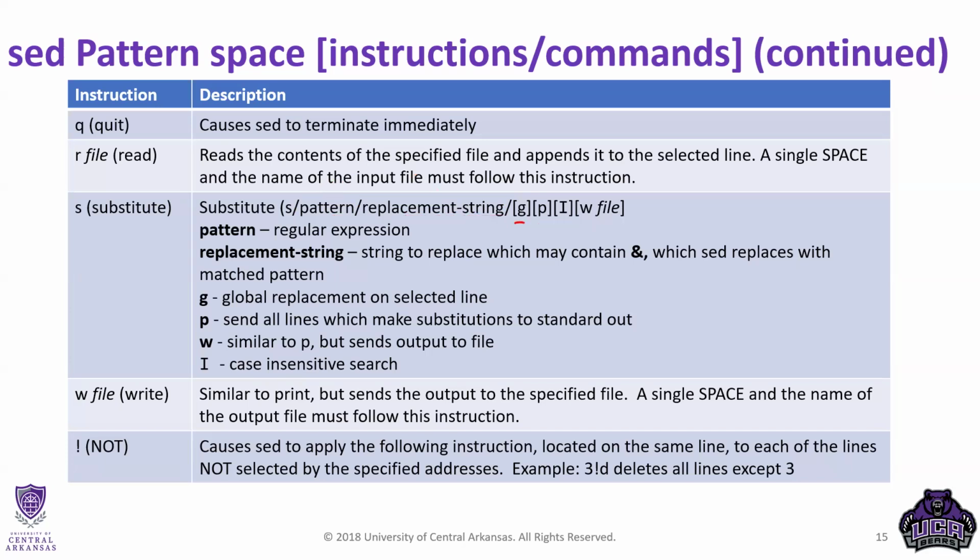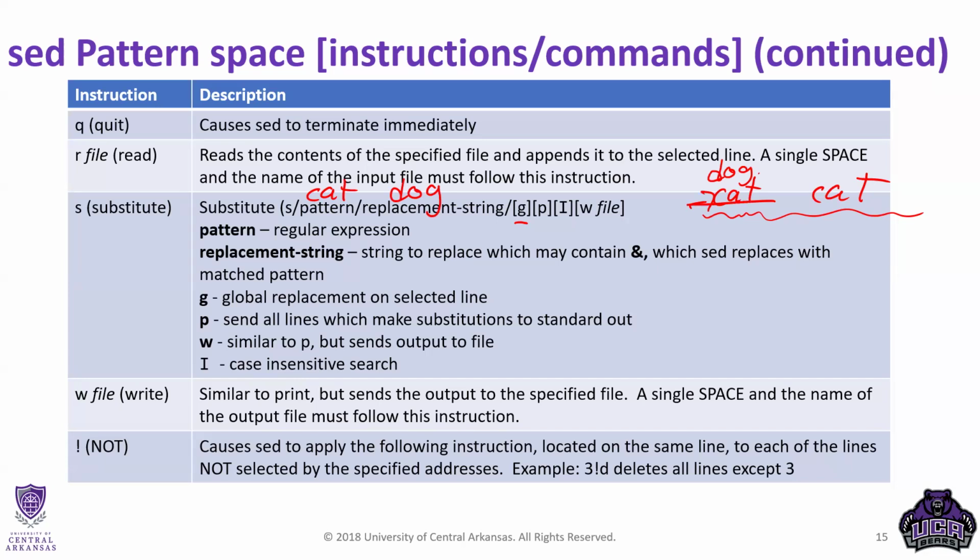So the G is global. In other words, if we have a single line, and let's say that line has the word cat in it twice. If I was searching for cat and wanted to replace it with dog, and then I simply give it nothing else, then it would do the first occurrence of cat right there. It would replace it with dog. And then it would move on to the next line and the next line.